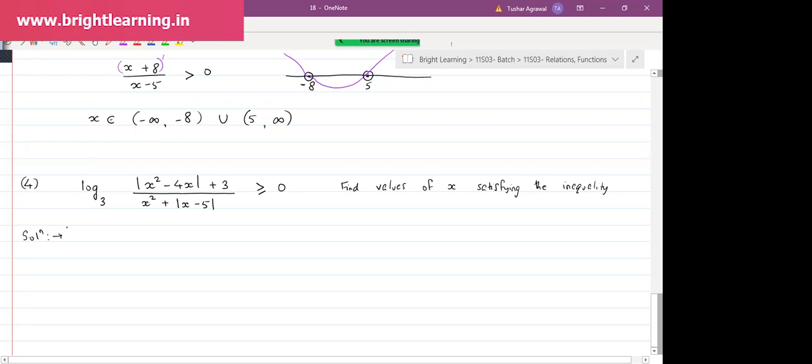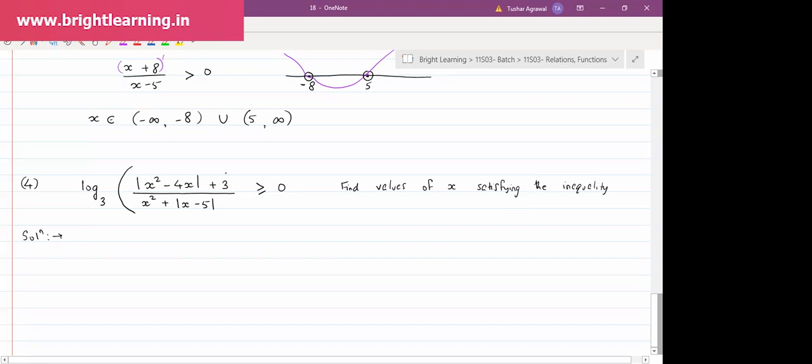Here you will require your knowledge of inequalities, logarithms, modulus function, quadratic function. Log is a whole thing.